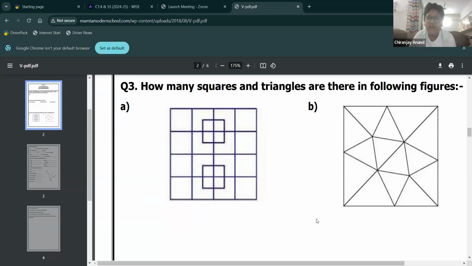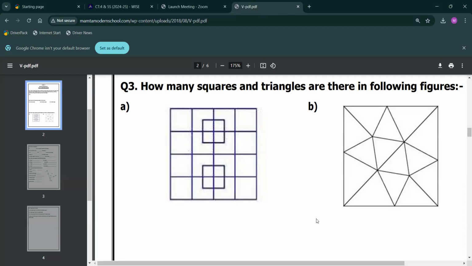For example, if we get 36, the square number is the same number multiplied by itself, and whatever answer we get is our square number. Chiranjan, try to understand the question, beta. Your square definition is correct, no doubt in that. But here you have to count how many squares are there.